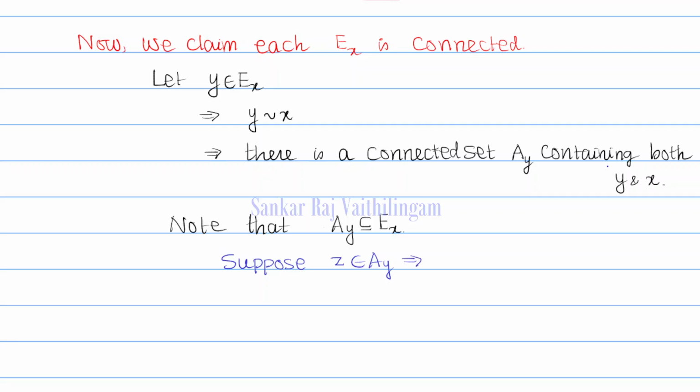So this implies that A suffix y is a connected set containing z-ம் இருக்கு அதுல, y-யும் இருக்கு அதுல, அதே நேரத்தில் A suffix y ல x-ம் இருக்கு அதுல. So we are having x also, A suffix y is a connected set containing z, y and x.